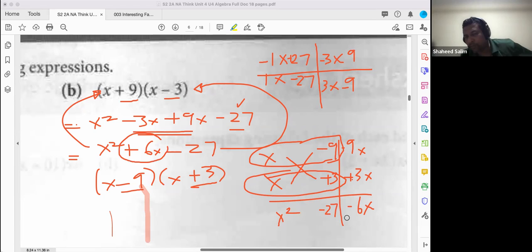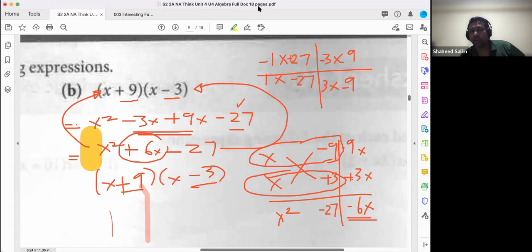You see? So now you make it plus and change this one to negative. What will happen? Then you can get positive. 9 minus 3, get 6x. Sometimes you can do just like that, especially if the first number is 1.